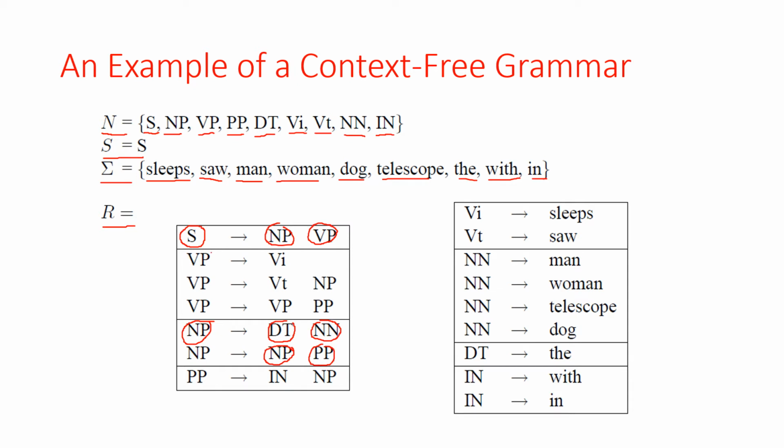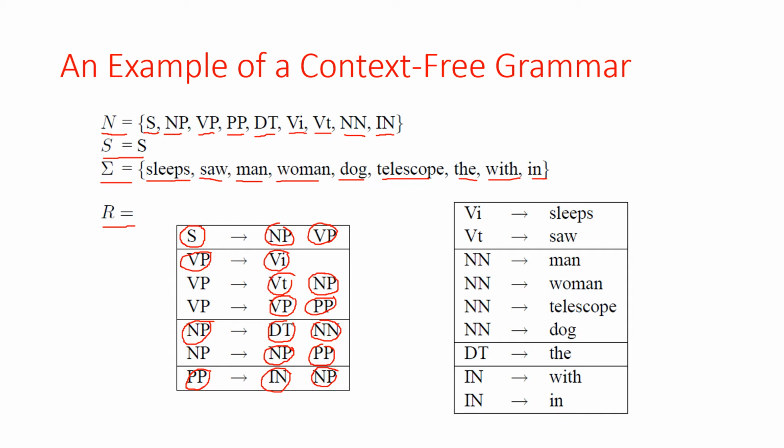Then a verb phrase can be decomposed to intransitive verb, or for example to a transitive verb and another noun phrase, or to another verb phrase and prepositional phrase. And also at the end we can see the rule for the prepositional phrase, which goes to a preposition and a noun phrase. The right table shows the following rules.